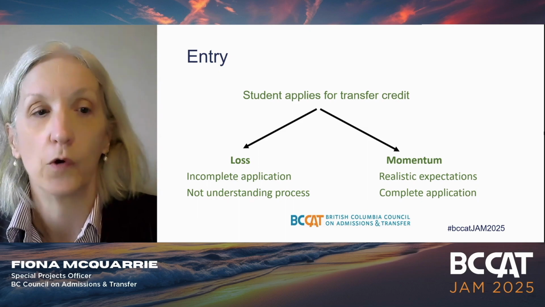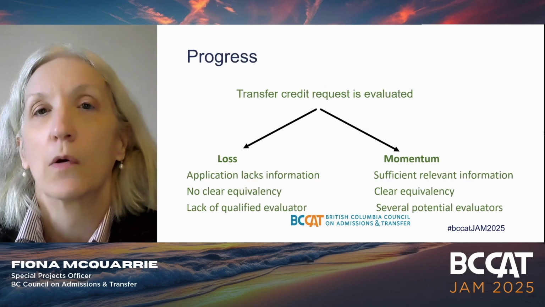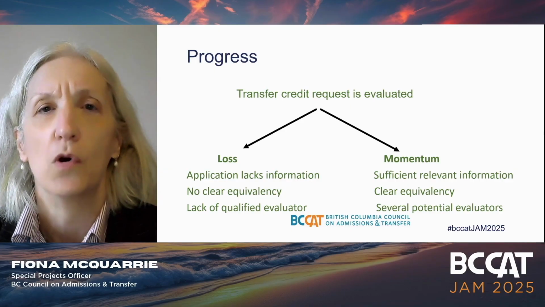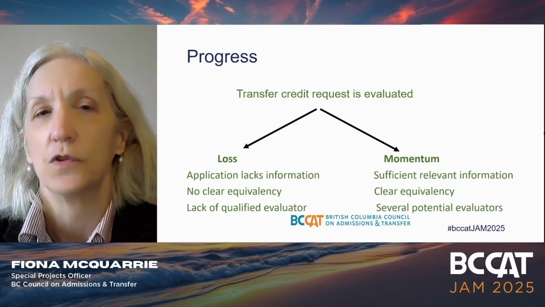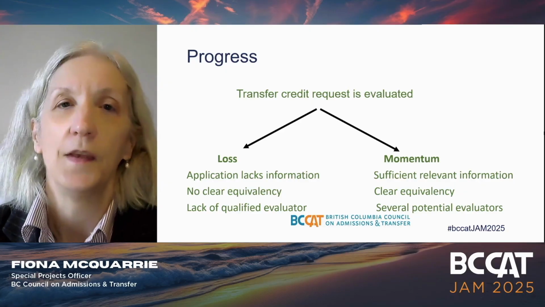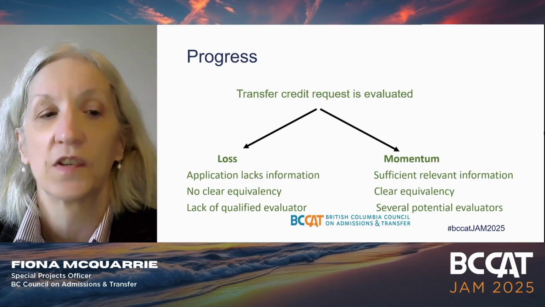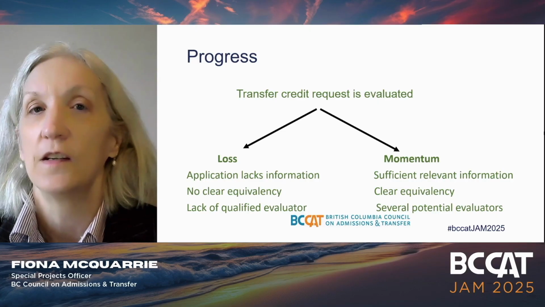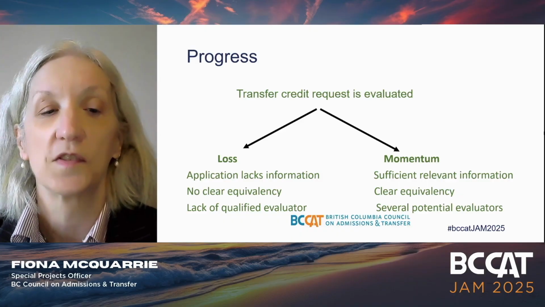In the progress phase, the transfer credit request is evaluated, and here at this stage, losses might result more from the system than from the student. For example, if there's no clear equivalency at the institution for the course involved in the transfer credit request, or if there's difficulty in the institution finding someone with the appropriate qualifications to evaluate the request.